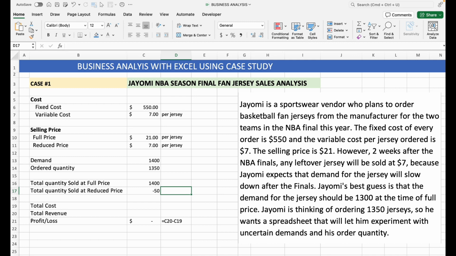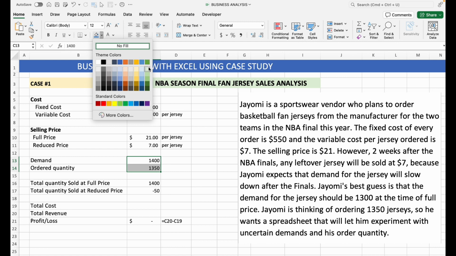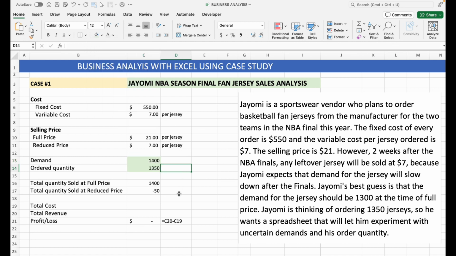The order quantity and demand are expected to be changing values. You want to do an experiment so that you will be able to know the business decision to make. So I would like to color this place so that we know those are the values that are changing. So this is one. What if the demand changes to 1,400?